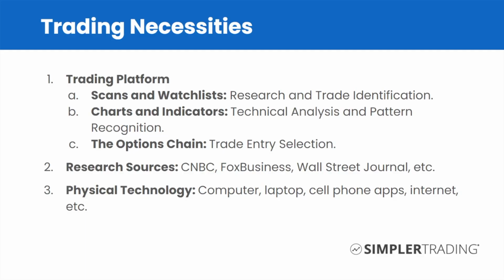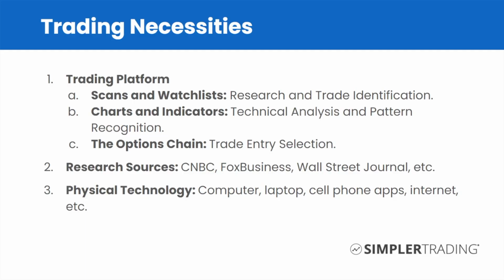There's a difference between only being allowed to do calls and puts and only being able to see the base options chain, and being able to customize your options chain so you can see a lot of the different facets that I'm going to be going over throughout this class. I'll show you a little bit more as far as examples go so you can understand, but those are things that we're looking for.